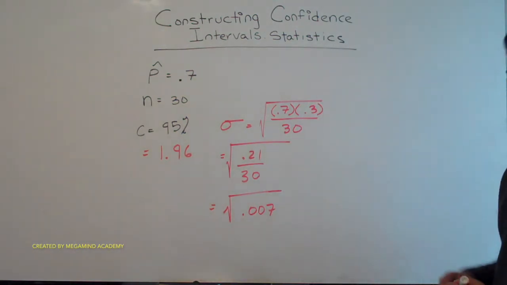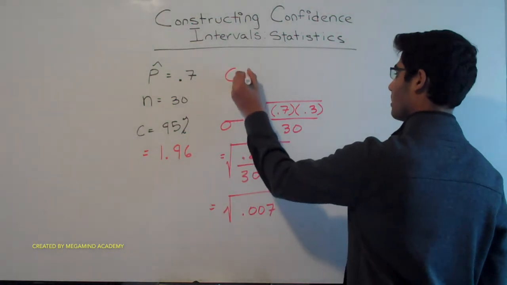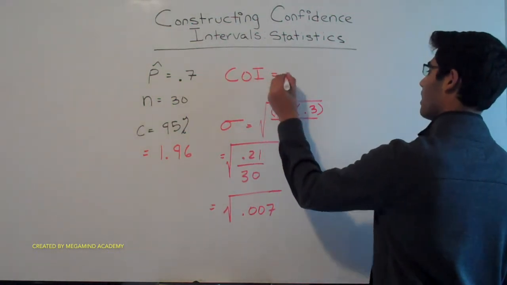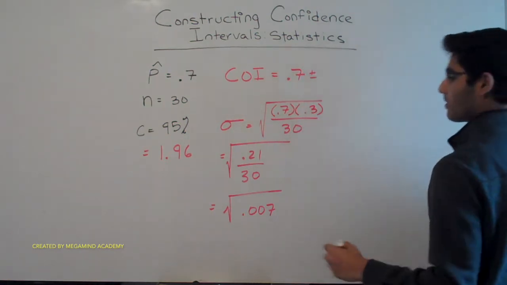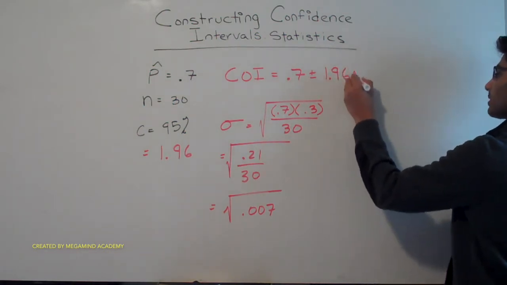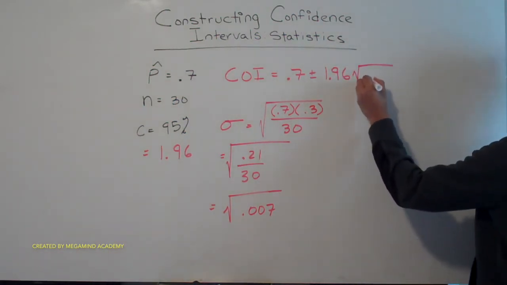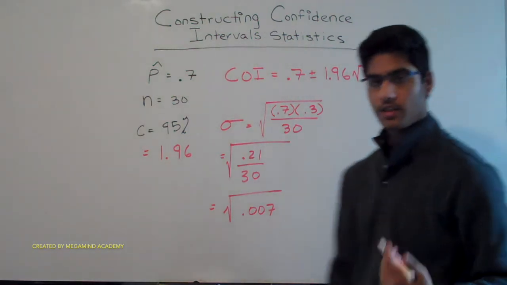We have the statistic, or 0.7. So first we'll write the confidence interval, CI, the confidence interval, is equal to 0.7 plus or minus 1.96 times the square root of 0.007. And that's all there is to confidence intervals.